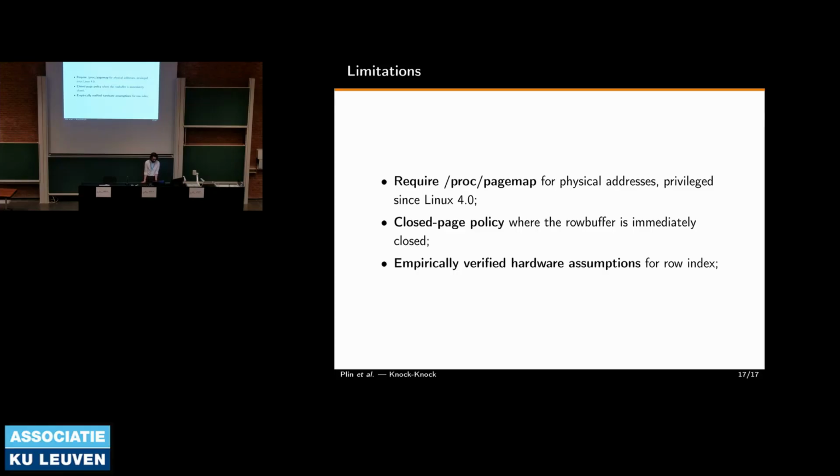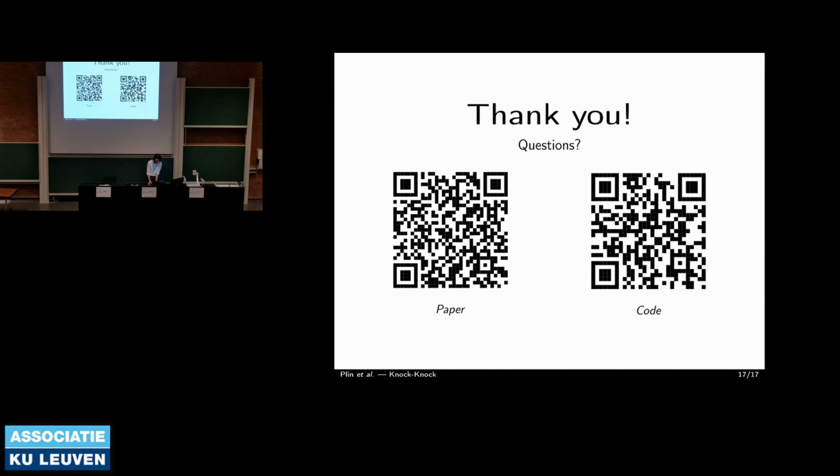So even though we empirically verify them, it doesn't make them ground truth. And of course, for now, they only support linear functions. And if you want the complete details on the algebra we did or the source code, you can find them using this. Thank you.